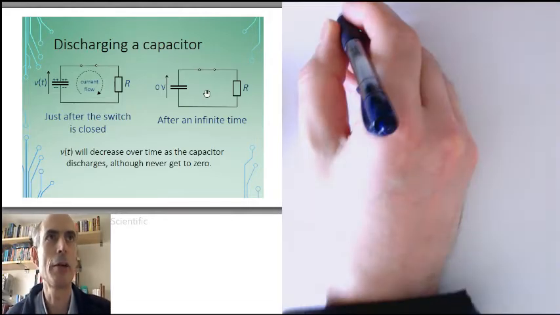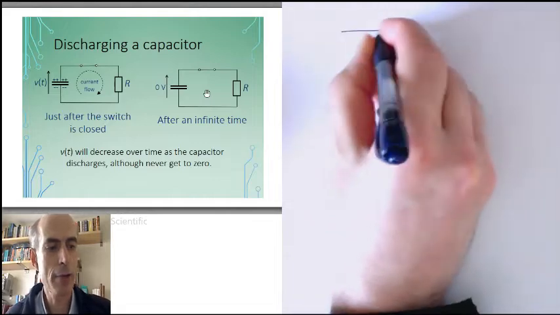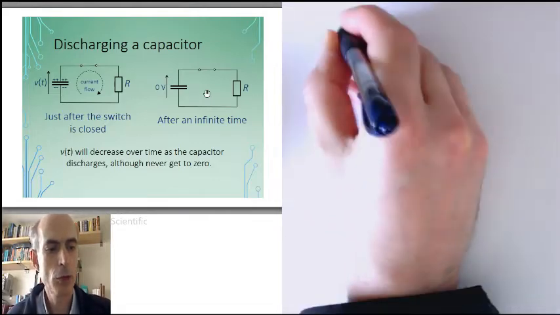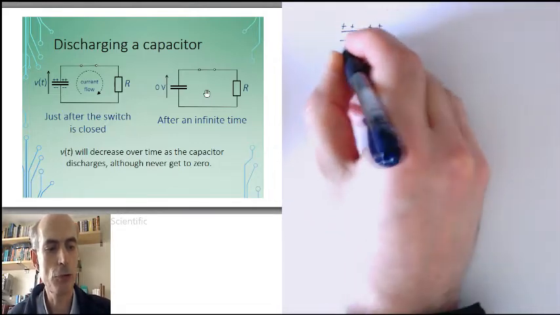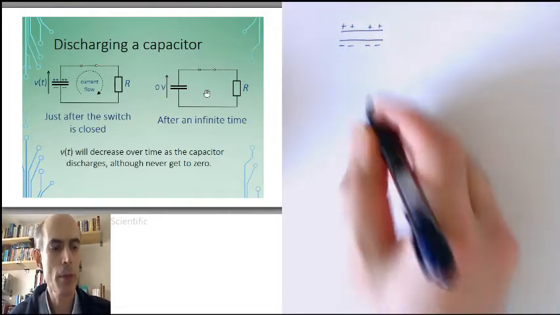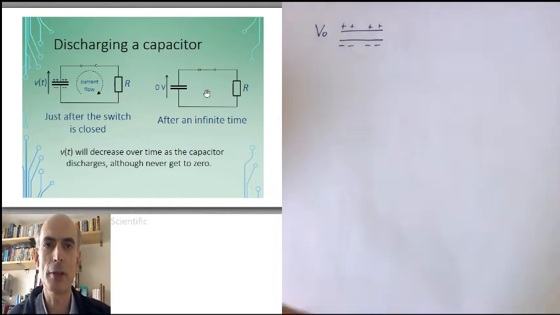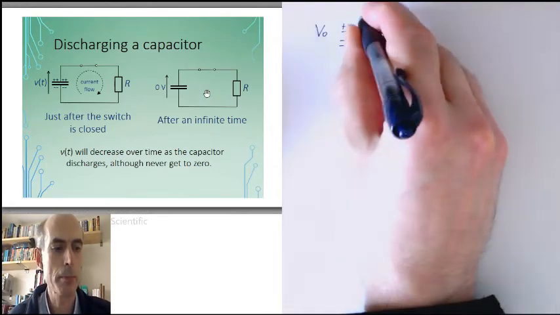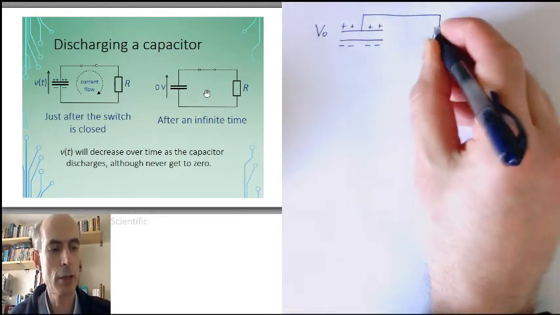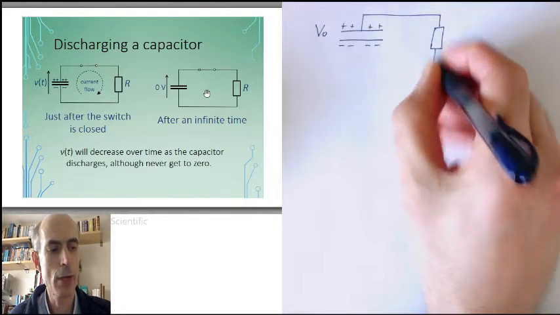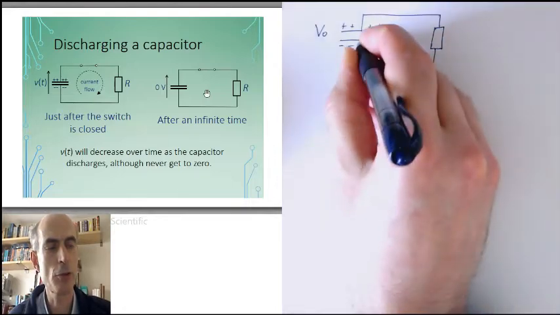So let's define some terms. We'll have a capacitor here, which starts off with a voltage across it of value V0, the voltage across the capacitor at time t equals 0. And that is going to be connected through a resistor down to its other side.